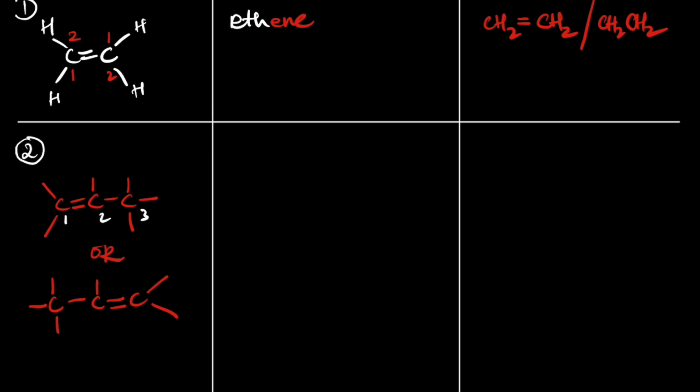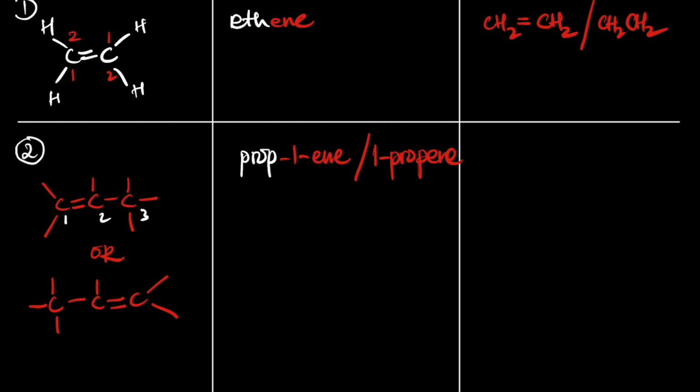So the name of this one, we're going to say it's prop because it's 3. And then we need to state where the double bond is. The double bond is between carbon 1 and carbon 2. So if it's between 1 and 2, it's going to be in 1. So we can say it's prop-1-ene. It's in carbon 1, right? Or we can say 1-propene.